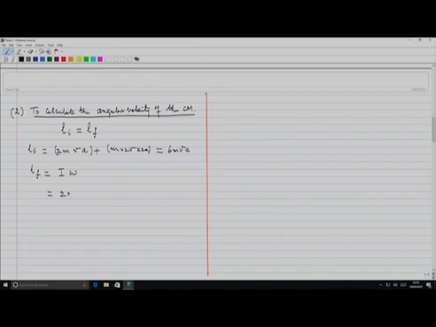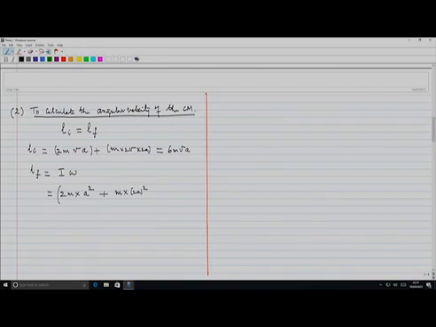So first 2m into a squared, the moment of inertia of the mass 2m, plus the moment of inertia of the mass little m times 2a whole squared. I am calculating all this with respect to the center of mass.